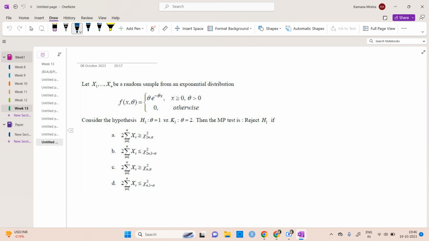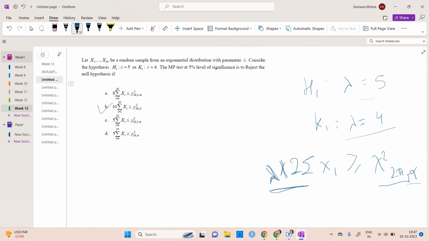But if you go through the same question here and take the first one, 2 lambda summation xi greater than or equal to chi square 2n comma alpha, then it would be wrong here. This is not correct. Why? Because here lambda is equal to 5 and lambda is equal to 4, so this lambda is less than lambda naught, where lambda naught is the H naught value.